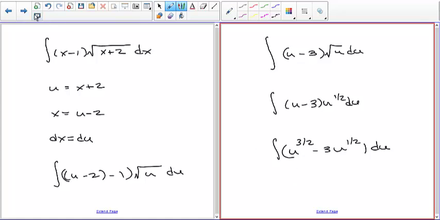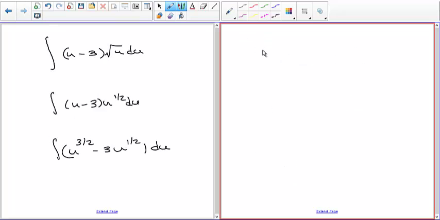Okay, so now we've done the substitution. So it's a polynomial, which we know how to handle. You add 1 to the exponent, divide by the new exponent, add 1 to the exponent, divide by the new exponent, add your arbitrary constant c, and then we'll take the reciprocal.